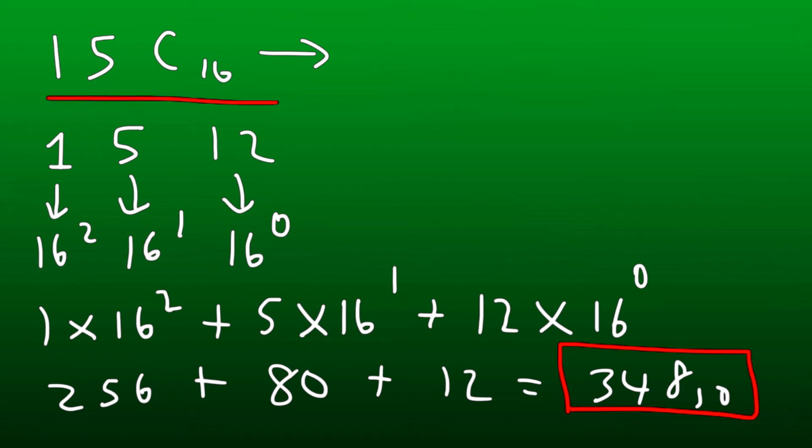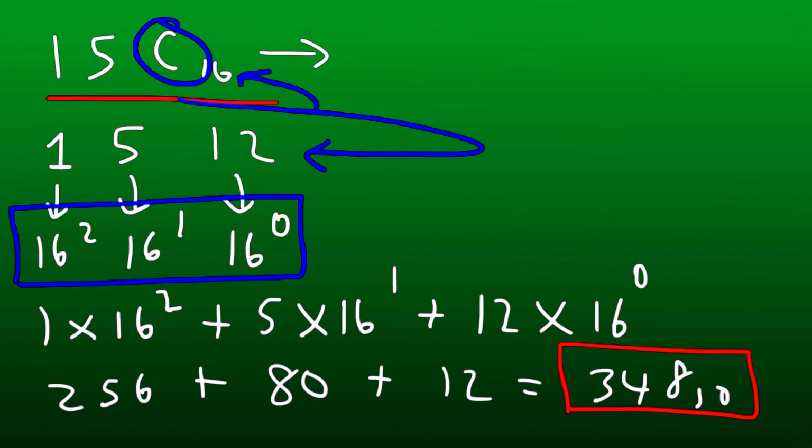If you want to go from, let's say, the octal system to the decimal system, you need to multiply by powers of 8, because the octal system is a base 8 system. And for the hexadecimal system, which is in the base 16 system, multiply the numbers by powers of 16. And any letters, you need to convert it into a number.